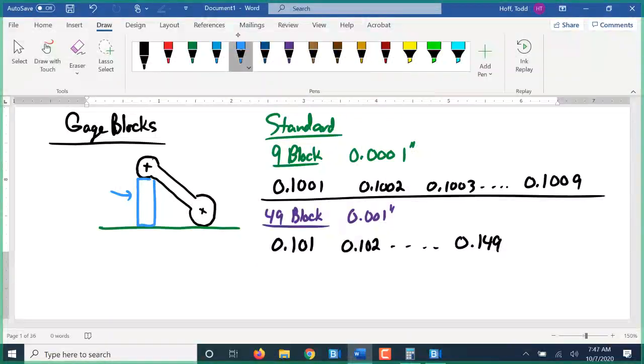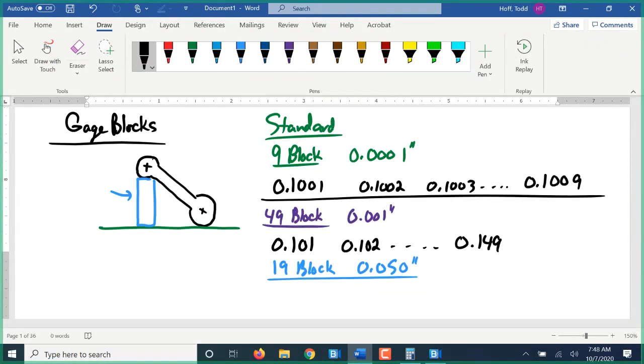Next, we have a 19 block series, which is going to be our 100th of an inch. But rather than going to an individual 100th, we tend to go in 50s. Since the other block goes to 49, we can go in 50s here.